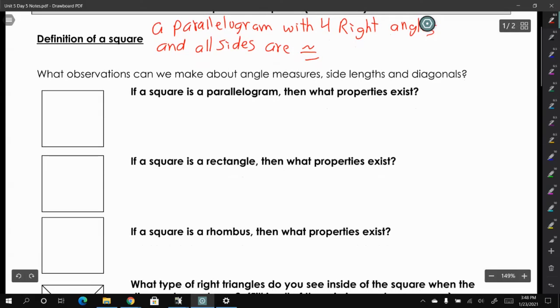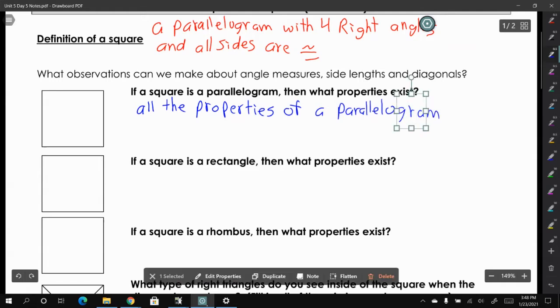So first, the properties of a square, given that a square is a parallelogram, you have all the properties of a parallelogram. And there are just all of those from a couple days ago, and there are a lot to list.